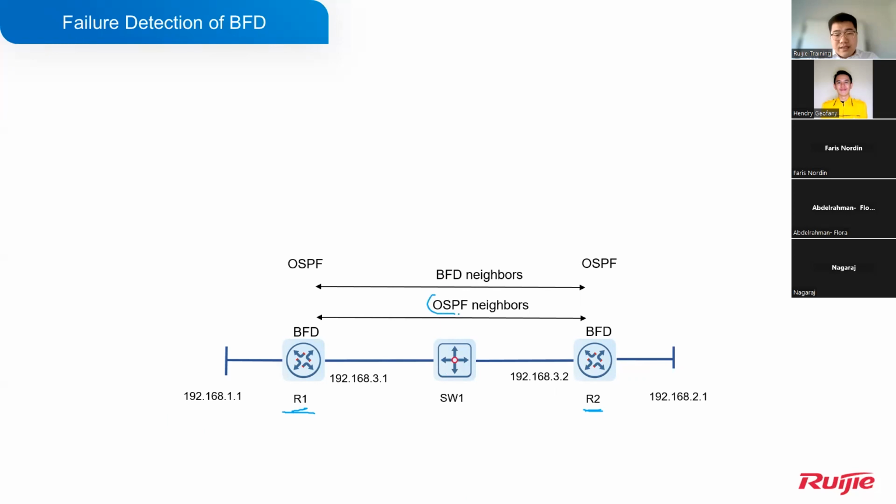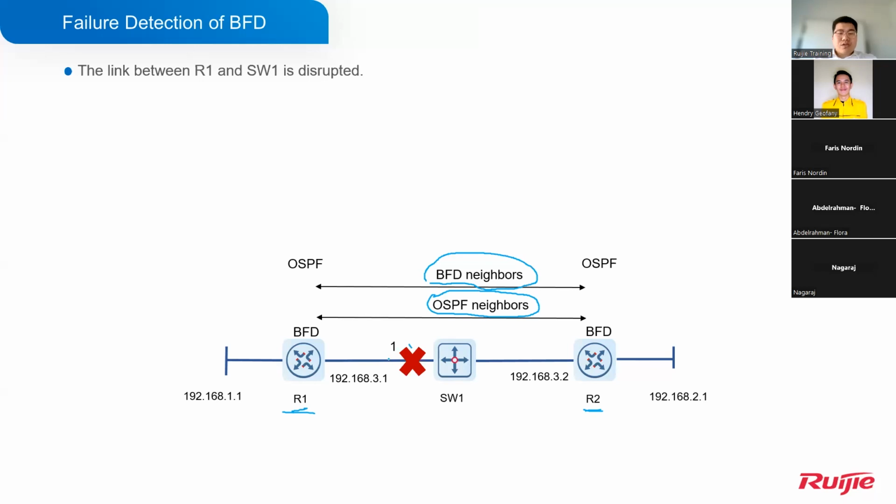So the OSPF neighbors are established, and at the same time they have established the BFD neighbors. Now let's see what happens once the network fails. The link between R1 and RSW1 is disrupted. Some fault occurs in the network.